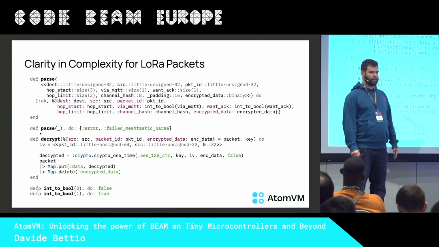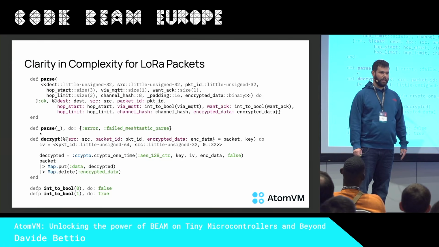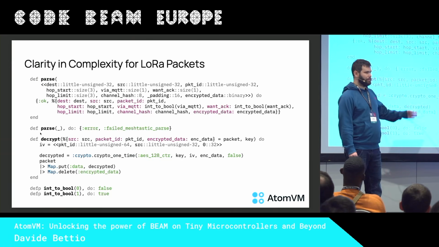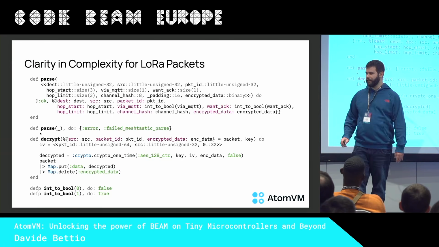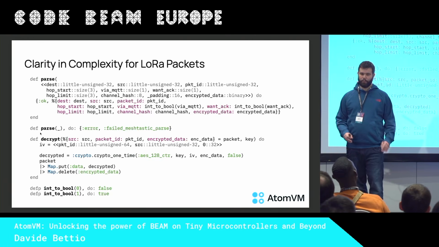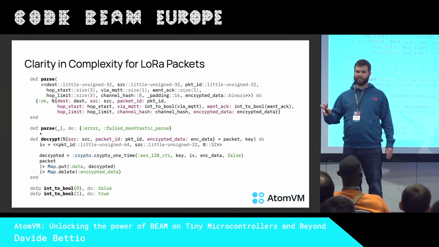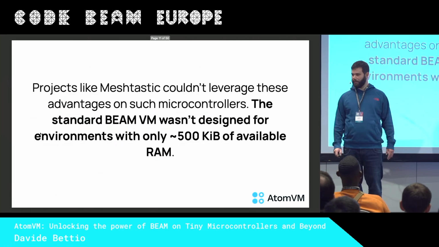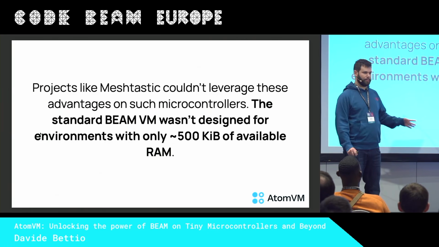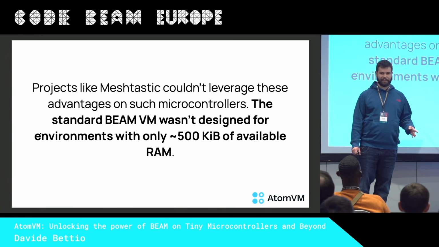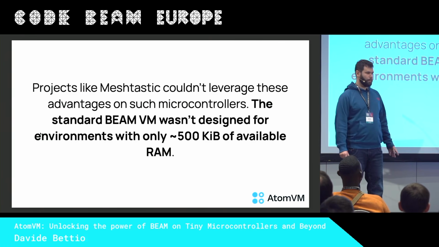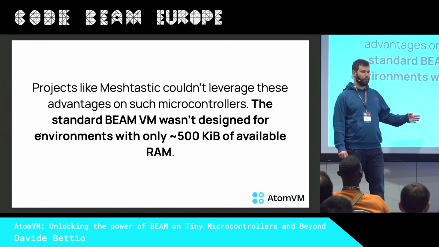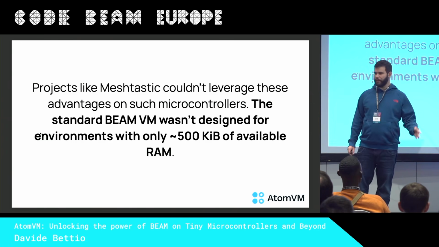If we think about parsing binary data in Elixir, this can be done in a very, very clear way, and the whole parsing logic can fit on just this slide. That is very remarkable. Still, there is an important point here. Meshtastic developers didn't have any other option because C and C++ was all they had available.